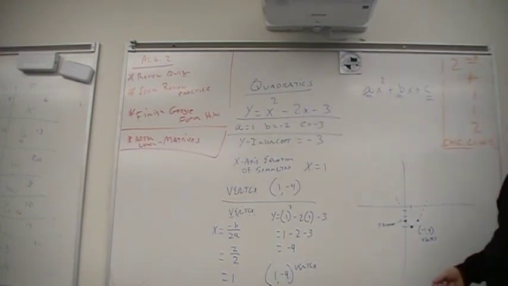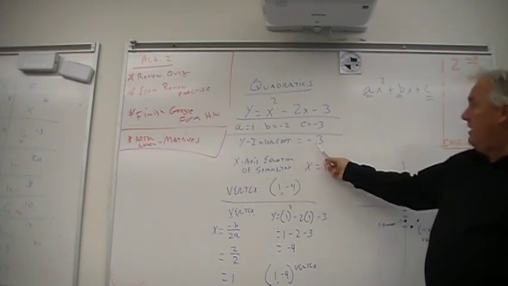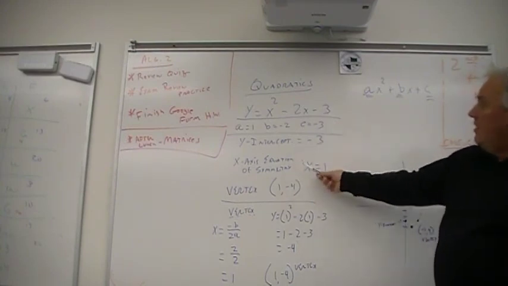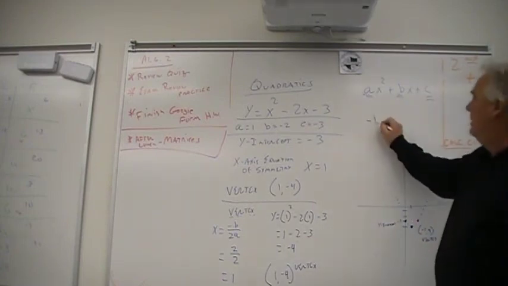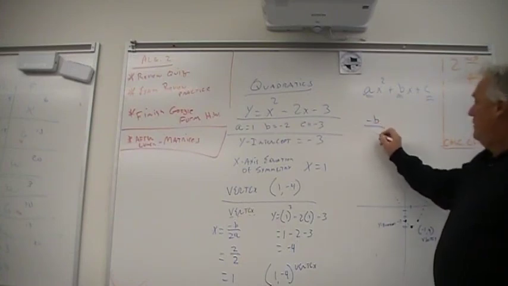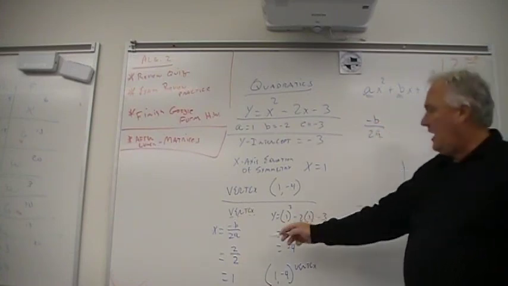You're going to have to answer questions just like this. What's the y-intercept? -3. What's the axis of symmetry equation? And it's 1. And how do you get that? How do you get that it is 1? You need to do -b over 2a, which I have right here.